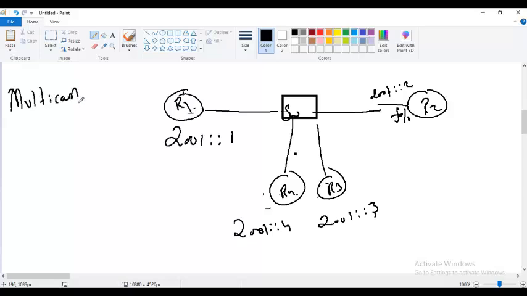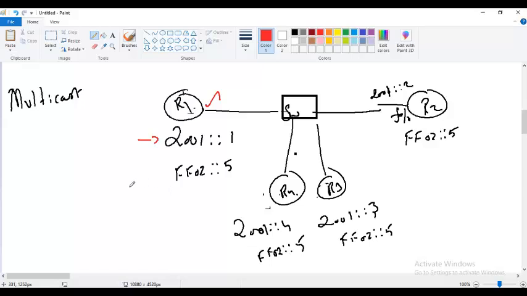As I said, the multicast address FF02::5 gets added to the device when you enable OSPF. When we enable OSPF on this port, it is not only having this address, it also automatically gets this address. Likewise here.